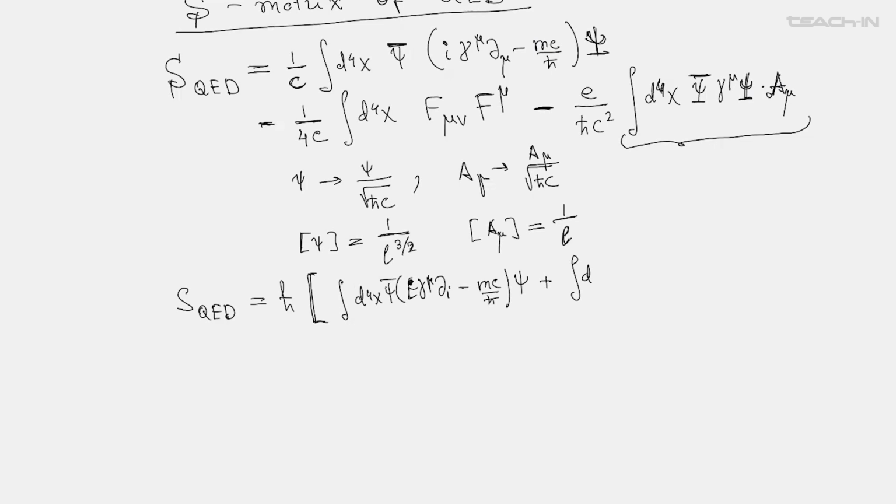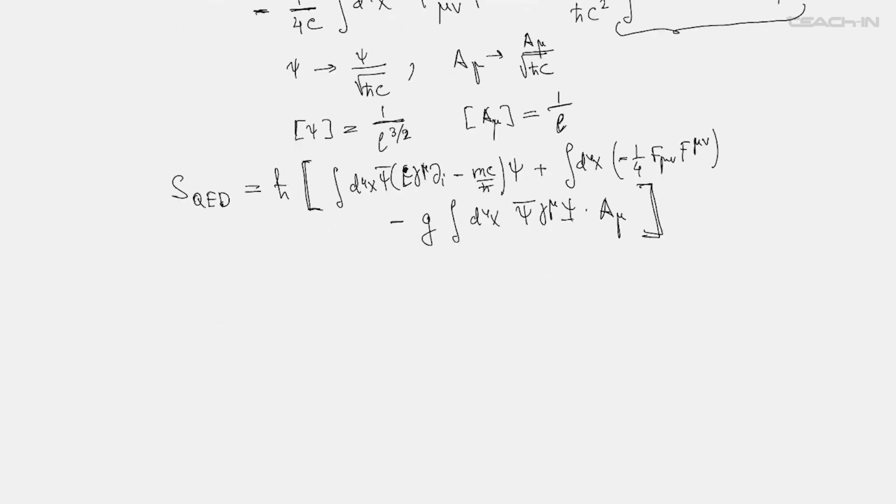And then the interaction term is minus g integral d4x psi bar gamma mu psi multiplied with A mu. This is how QED looks upon making this rescaling.